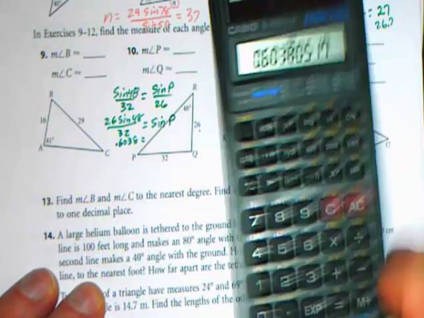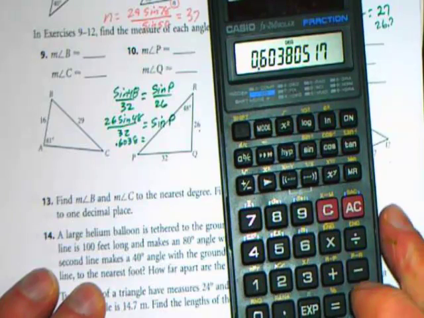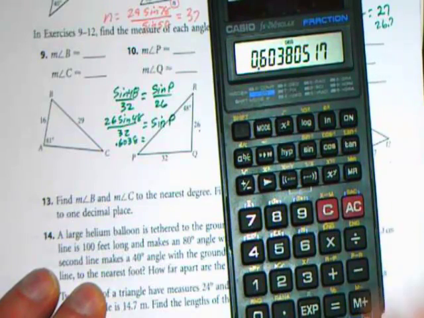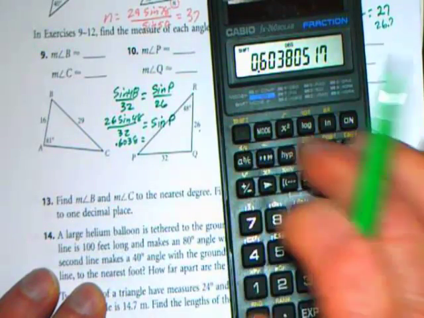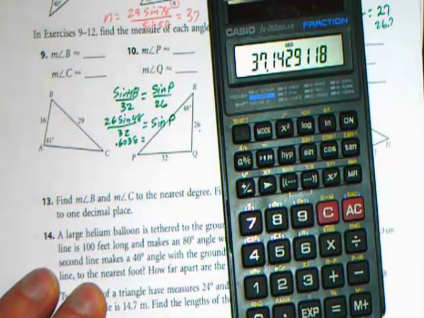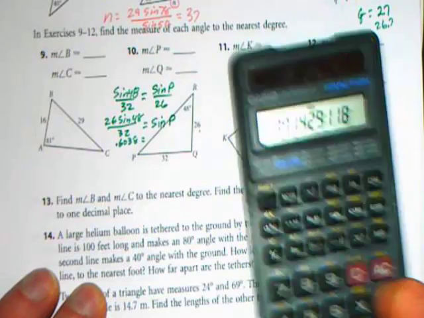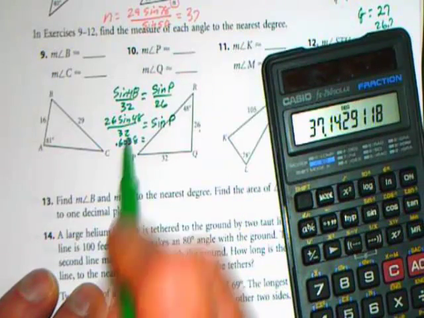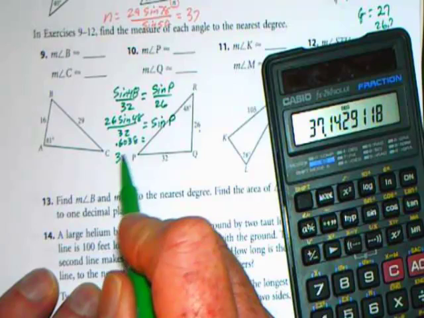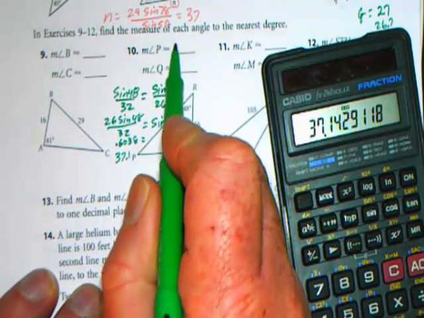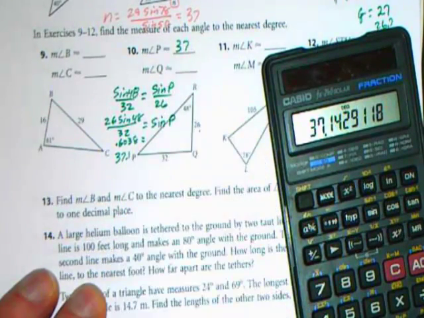And we want to see what angle goes with that ratio, so we have to do inverse sine of that, and we get 37.14, and this needs to be rounded to the nearest degree, so 37. So I'm going to write down 37.1, but 37 is the angle that they're looking for the measure of P.